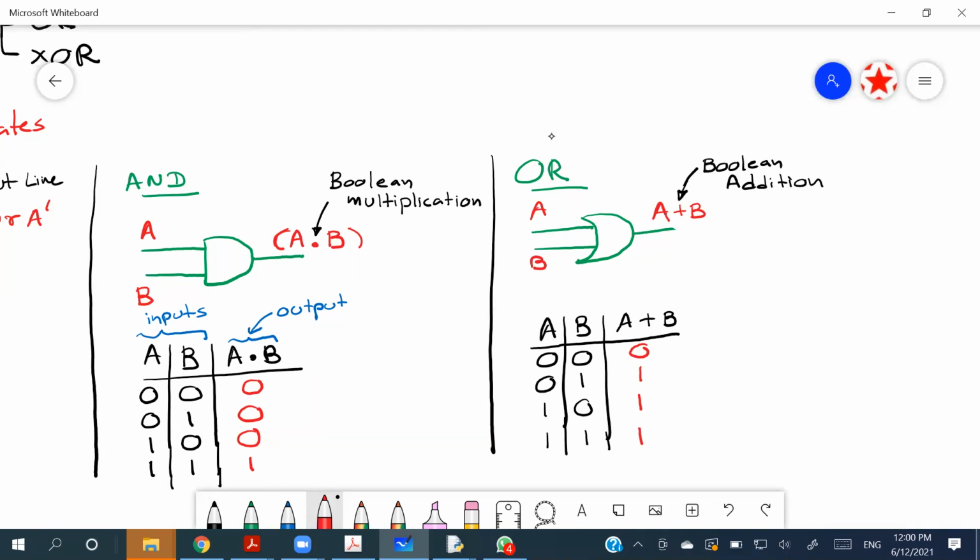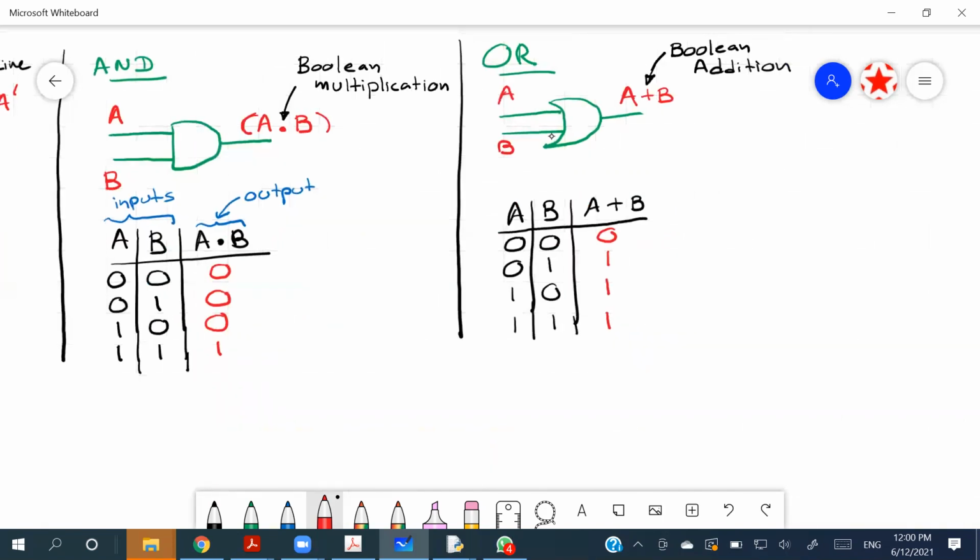And I'll tell you why this 1 plus 1 is going to be 1, because in Boolean algebra, we represent 1 as true and 0 as false, right? So when it comes to 1 plus 1, a true is added to a true, which gives you a true again.